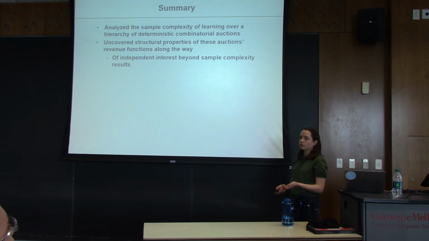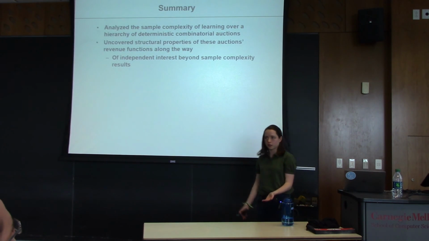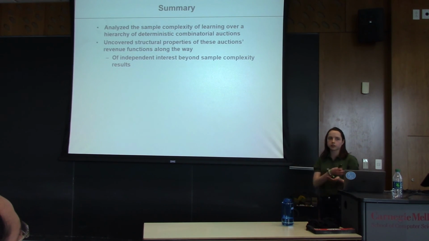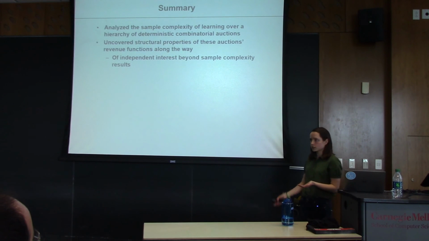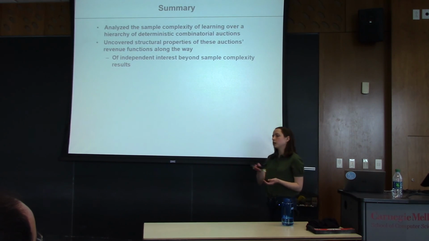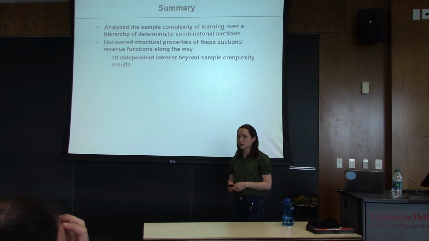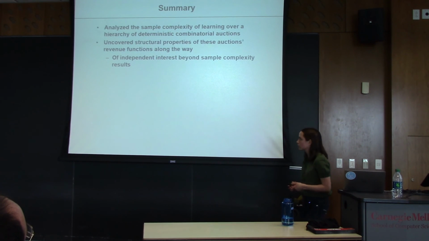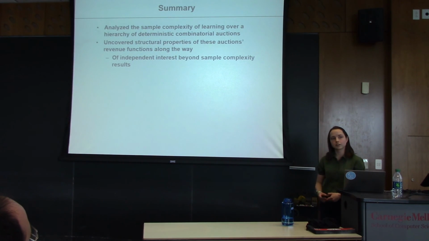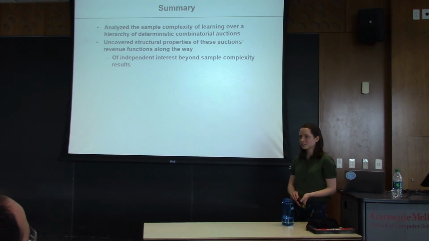And we hope that this is of independent interest beyond the sample complexity results. For example, we think that these structural insights could also aid with optimization algorithms for optimizing over these auction classes. So that's everything, if you have any more questions.